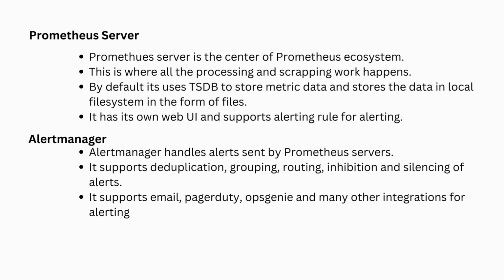The next is inhibition. Inhibition is the mechanism to prevent one kind of alert in case a second kind of alert is occurring. Now suppose in your monitoring system you have implemented a rule where you are saying if my cluster is down, then I should not receive the incident-down notifications in that cluster.